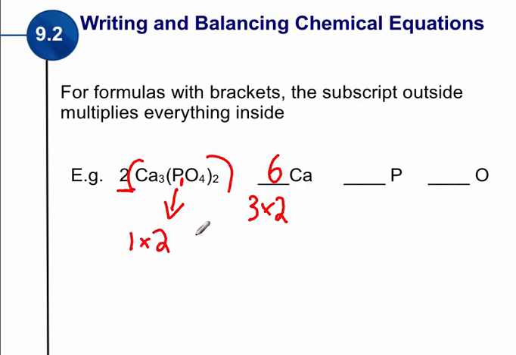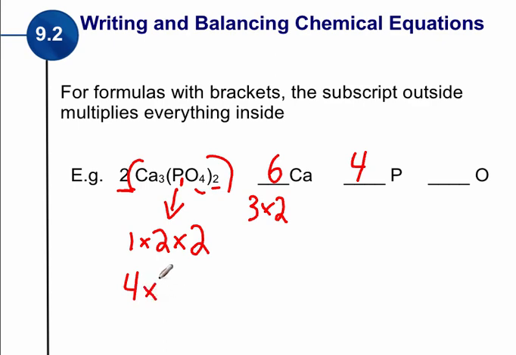That'll tell us the number of phosphorus atoms, and then we have 2 molecules, so we need to times that by 2 again, and we have a total now of 4 phosphorus.